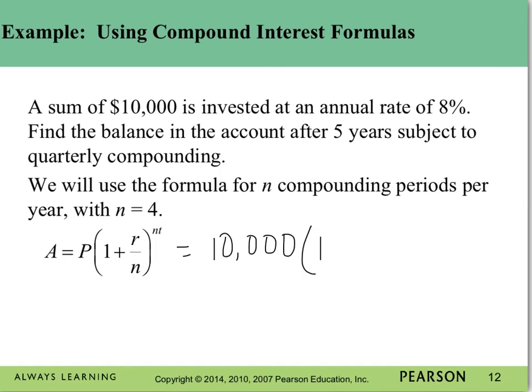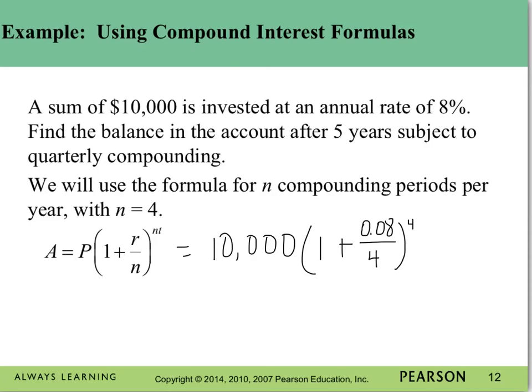And then we're going to replace all of the variables that we can and then solve. In this case, we've got all the variables. Later, we'll learn how to solve this for one of the other variables, one of them that is an exponent. But for now, we're just plugging these numbers in and finding our balance. So again, we're going to change our rate into a decimal. And the n is the number of times that we compound, which is quarterly. And then the n again shows up as an exponent.